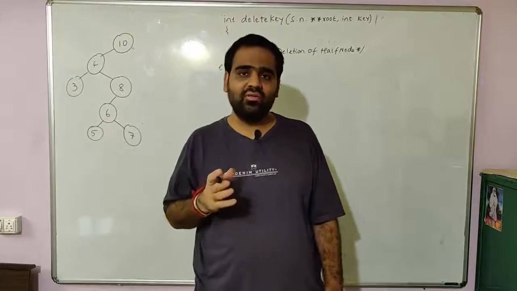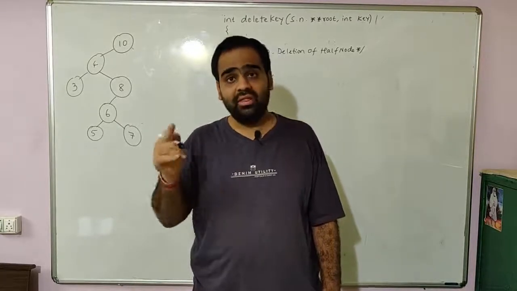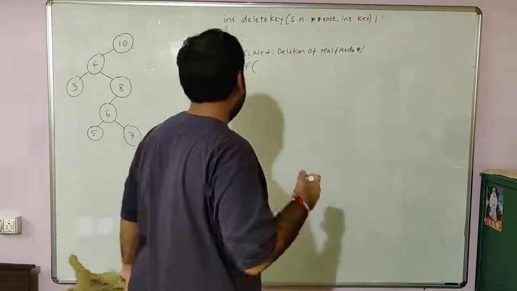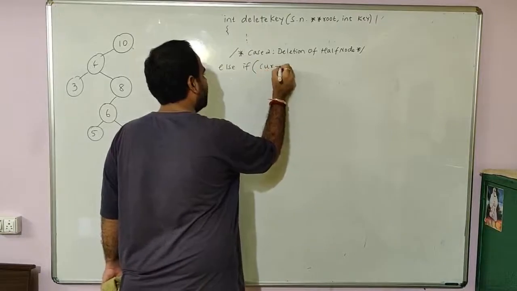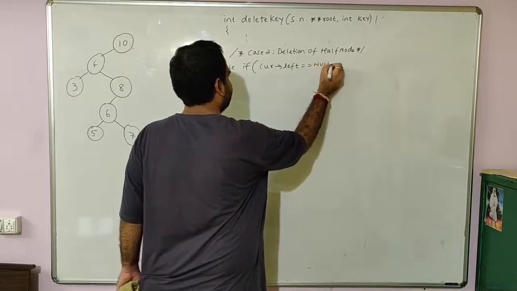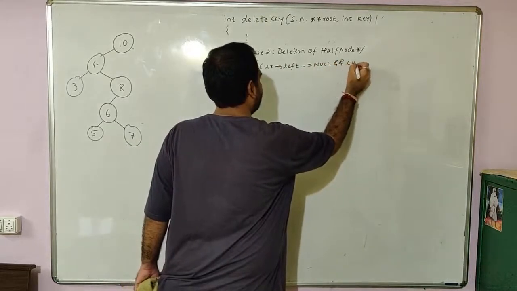A half node is one which has the right child but not the left child, or it has the left child but not the right child. Any one child it has. Therefore, we write if current arrow left is equal to null. If the left child is null, what should the right child be? Right child should not be null.